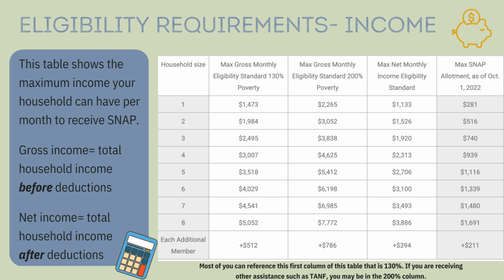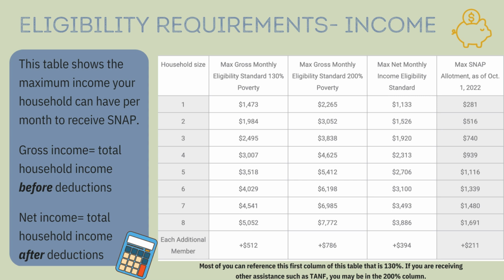DCFS, the Department of Child and Family Services, has a set of standard deductions, and once those deductions are calculated, which is not something you have to do, this is done once you apply, that would give you your net monthly income. So you can go online and look at those totals on their website to get a general idea as to what your net income would be.